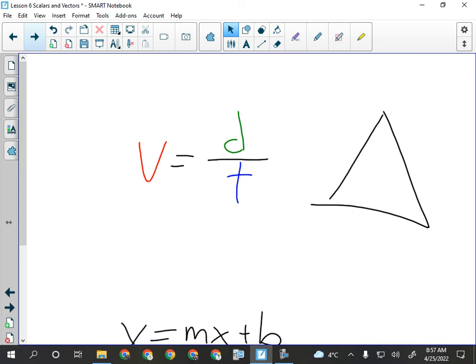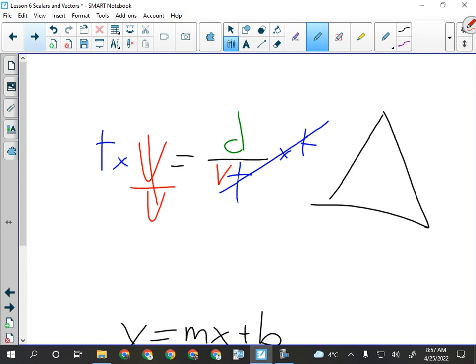So when I want to solve for D, right now it means I have to move T. Right now I'm dividing by T, so I multiply both sides by T, and I'm solving for D. Everybody okay with that? And if I wanted to solve for T, then I would divide both sides by V. Okay? So all we're doing is following those basic rules of algebra.